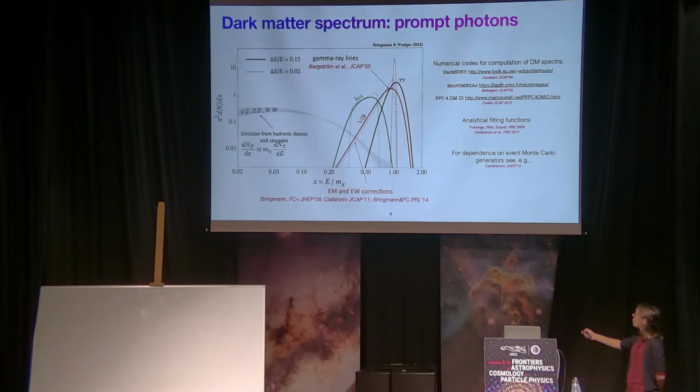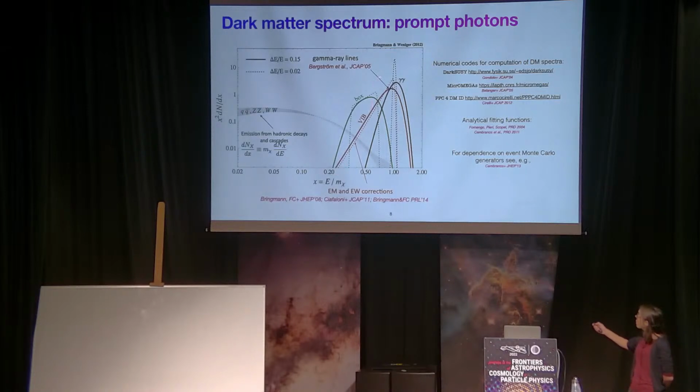And depending on the models, your line can be suppressed. Generally, the line signal is suppressed with respect to the quark emission because the line is predicted to arise at loop level. But you can also have other spectral features, like, for example, virtual internal bremsstrahlung, whenever you have a photon emitted either from the final legs, for example the pairs of leptons emitted, or from the internal mediator leg.